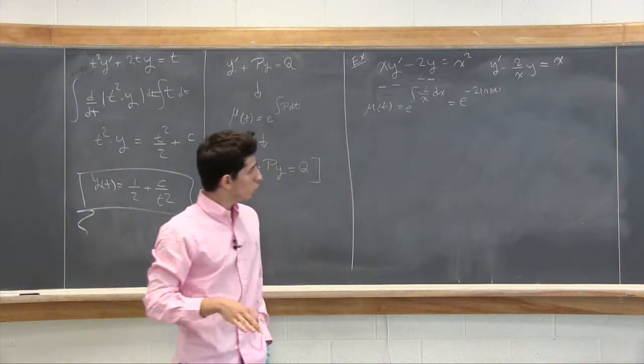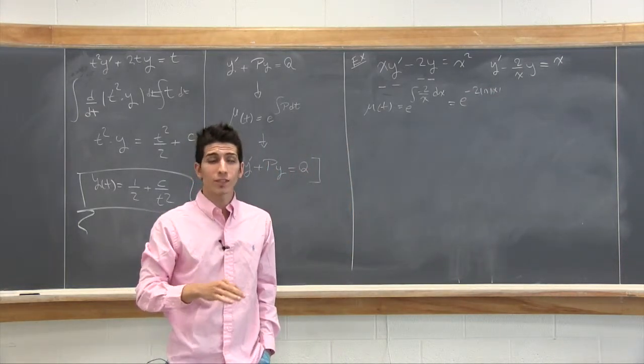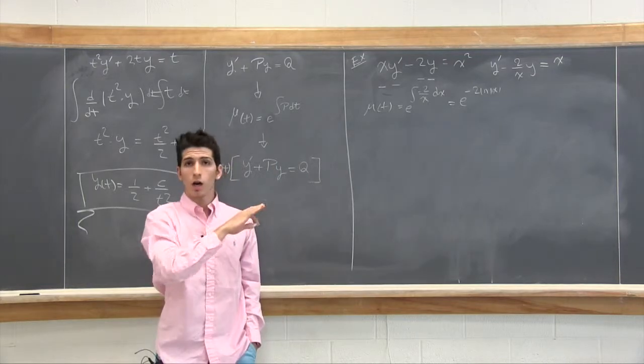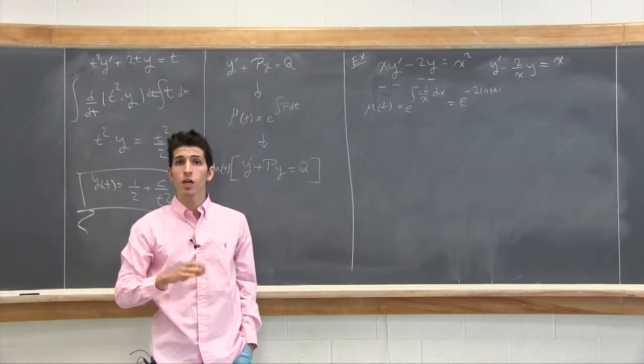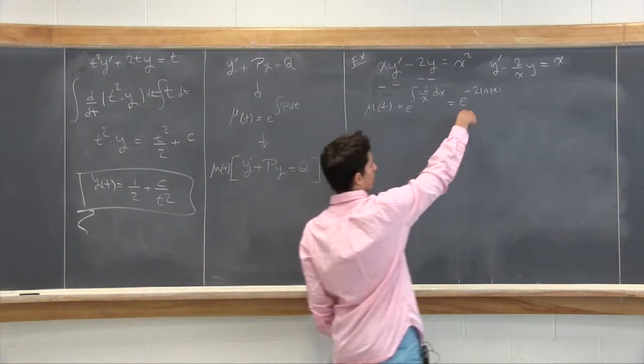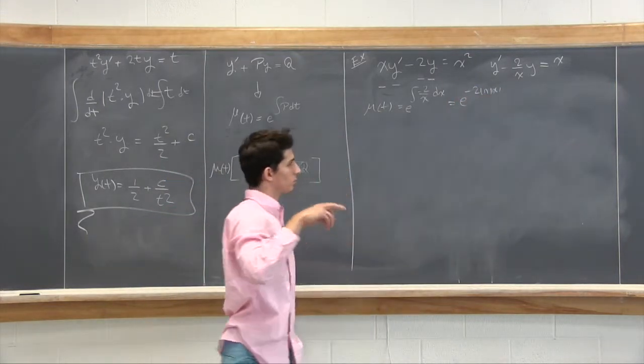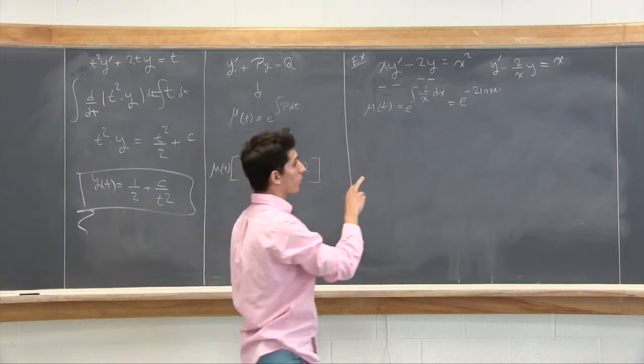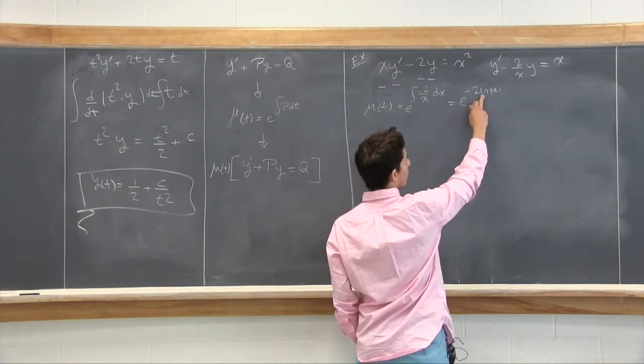So now you've technically found your integrating factor, and you could proceed just with e to the minus 2 ln of x. But it's going to make your life really hard because this is a very complicated integrating factor. What I'm going to notice is the fact that I have an ln here and an e here.